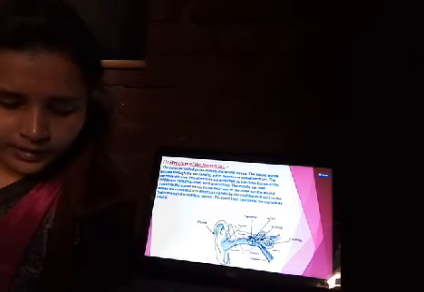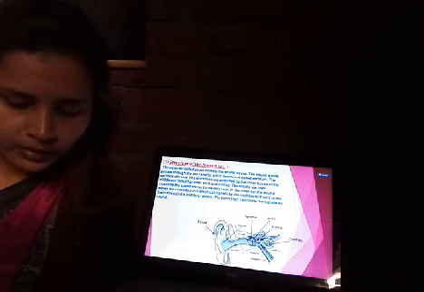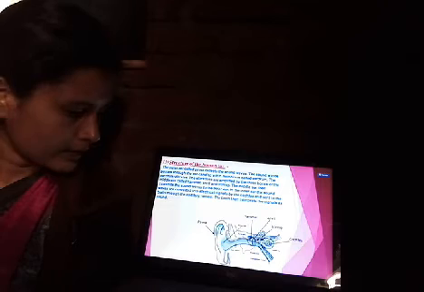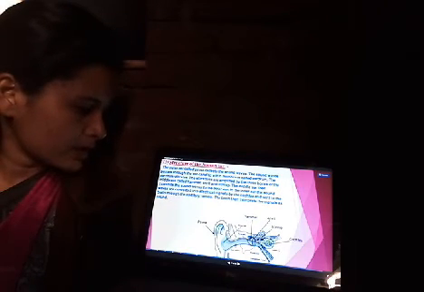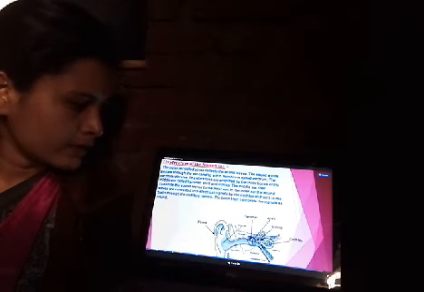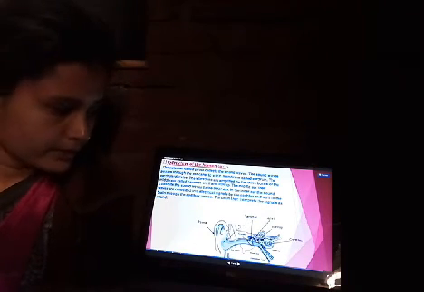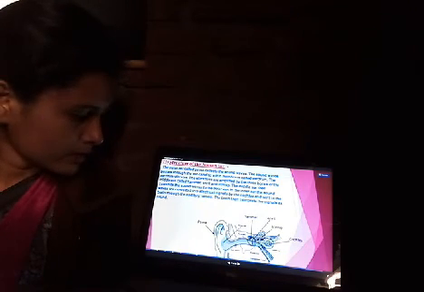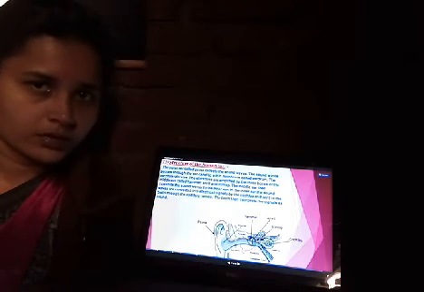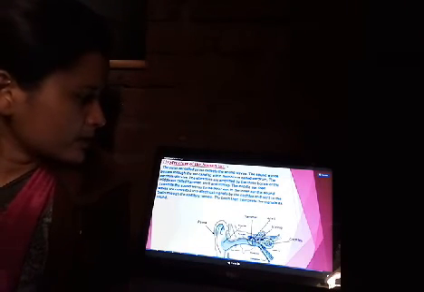The ear can be divided into three parts: the outer ear, middle ear, and the inner ear. This portion is the outer ear, this is the middle ear, and this is the inner ear. Okay, this is the pinna. The outer ear is also called the pinna. The outer ear called the pinna collects the sound waves.